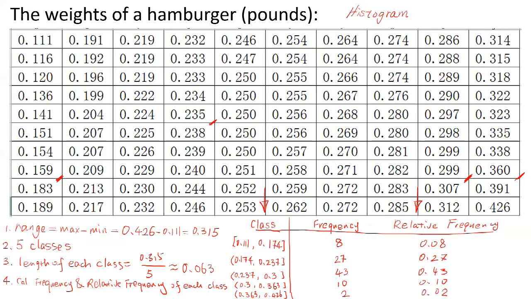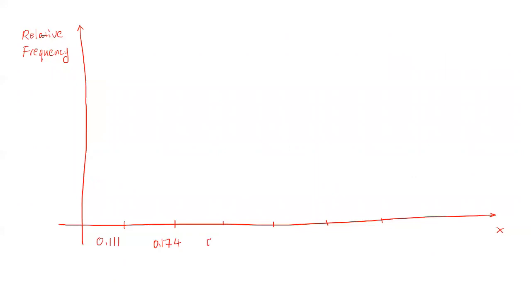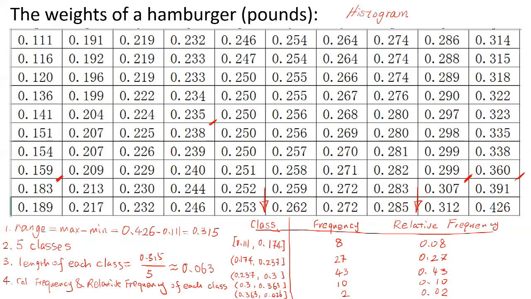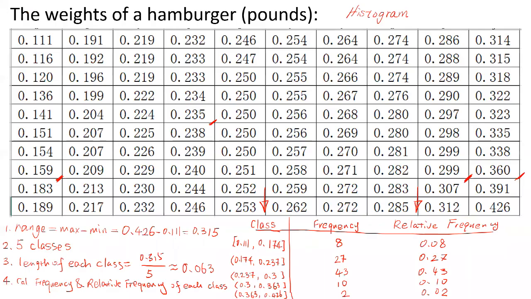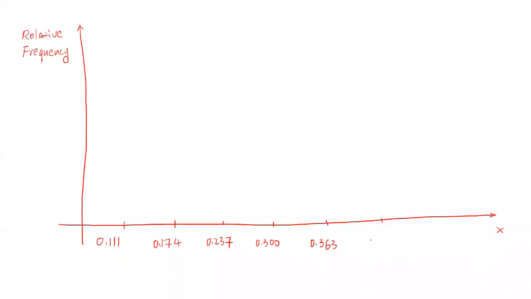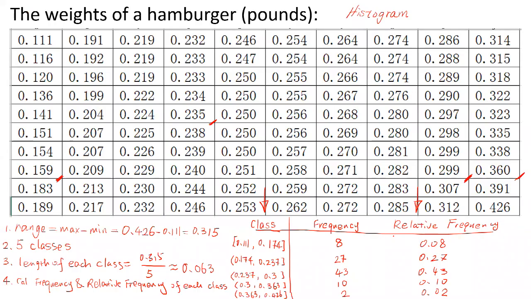The next class is to 0.237. The next class is to 0.3. The next class is to 0.363. The next class is to 0.426, right?